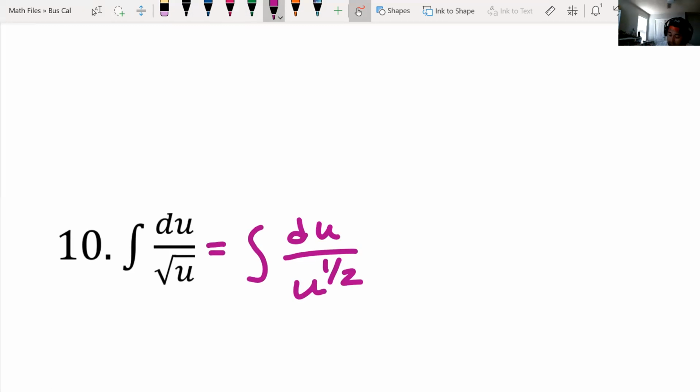And then the next thing we're going to do is flip the denominator to the numerator using our negative exponent rule. So we'll get the integral of u to the negative 1/2 du.